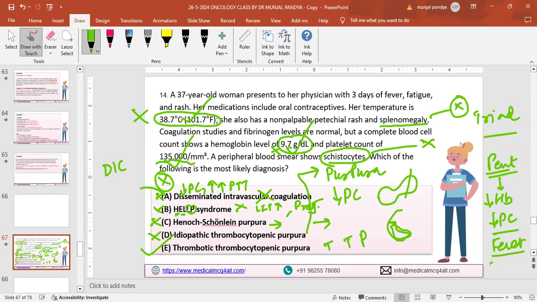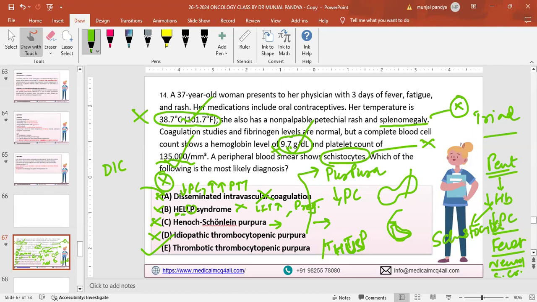Next is a neurological deficit or neurological involvement, which absolutely differentiates TTP from HUS. So go and read HUS as well, hemolytic uremic syndrome. And the fifth thing is serum creatinine or renal insufficiency. This is the pentad: low HB, low platelet, fever, neurological involvement, and high creatinine. And because of the hemolysis, there are schistocytes.